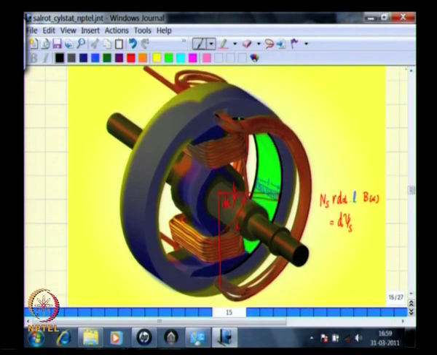We considered an elemental small area that lies along the axial length of the machine, and the arc here is subtended by a small angle d alpha, which is at a particular angle alpha from your reference alpha axis. So, we use the same approach here also.